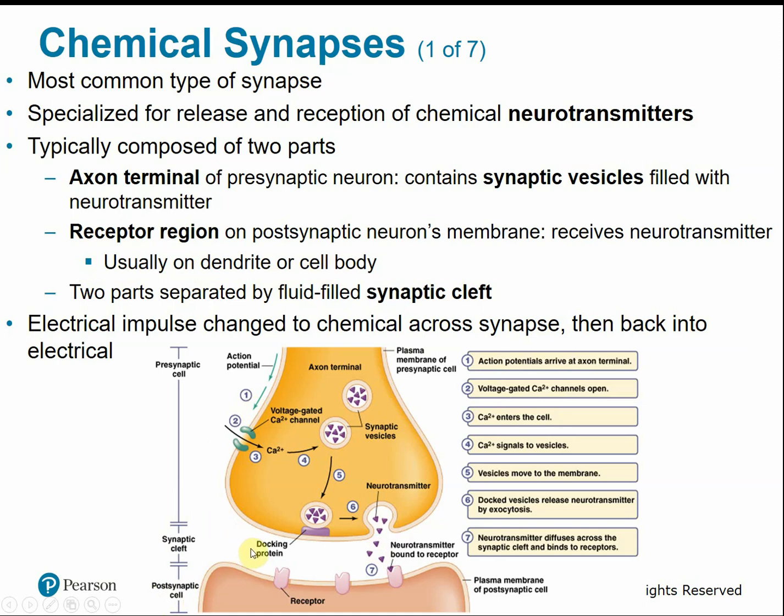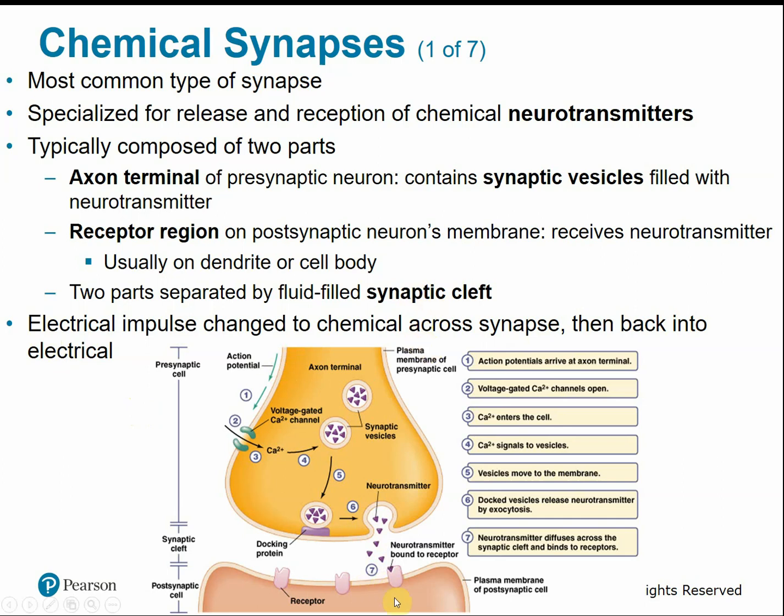Notice they're not actually physically connected. There is a bit of empty space between these two, called the synaptic cleft. It's just a fluid-filled space where these neurotransmitters will float across to their receptors. In chemical synapses, we initially begin with that electrical impulse, that action potential, but we convert that electrical message into a chemical message across the synapse.